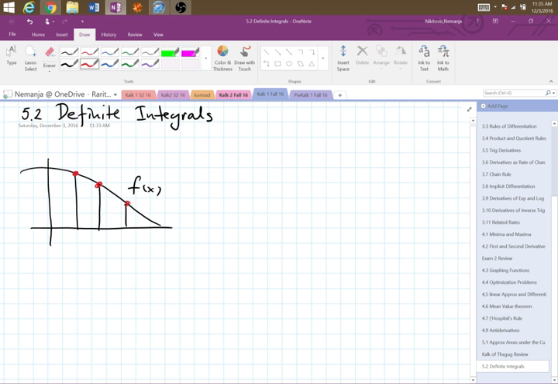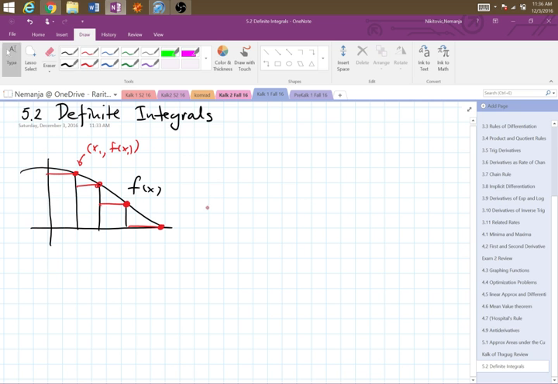Let's use the right one to create rectangles, and then compute each area separately, because this point here will be x1, f of x1, so the height is the function computed at x1, and then each one of these points will have the same.